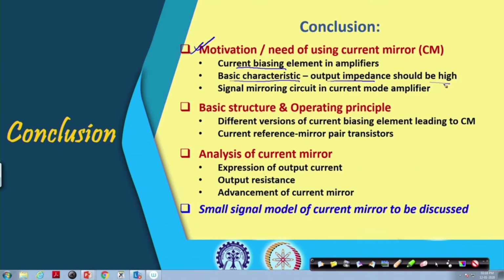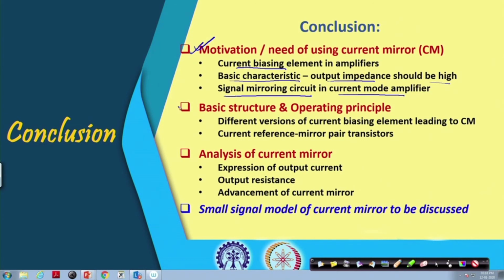In addition, the current mirror also works as a signal mirroring circuit. Later we will talk about how it does that, but just to give a hint, it also has good application in current mode amplifiers to mirror signal. Not only mirroring signal, it also helps to amplify current mode signal.